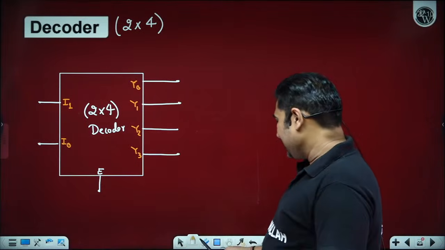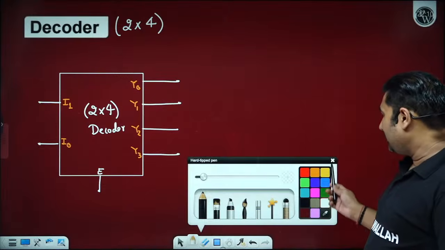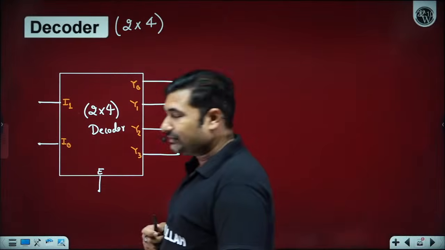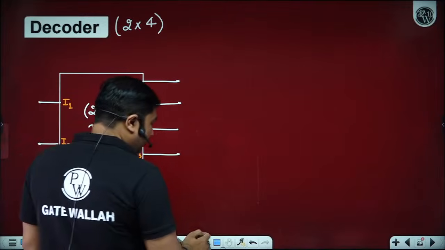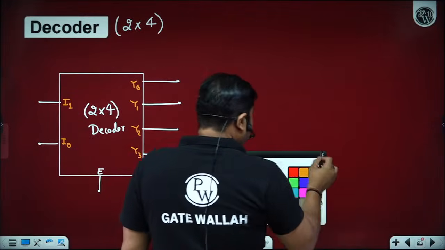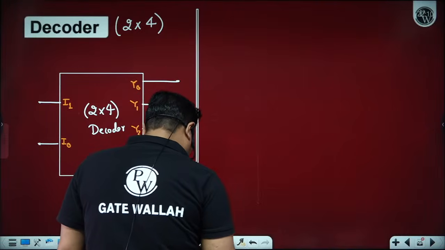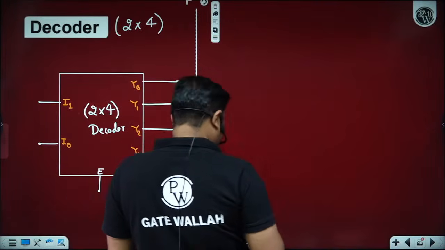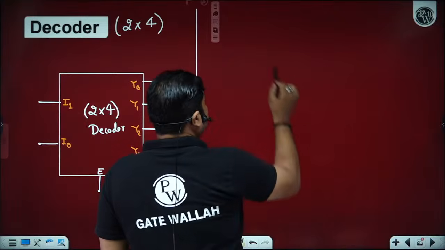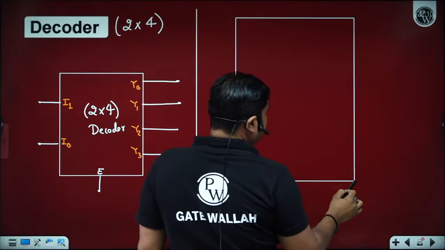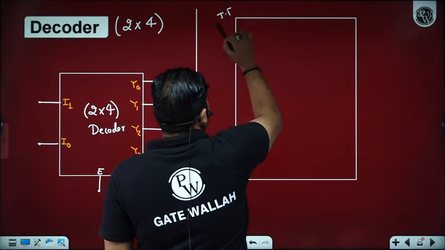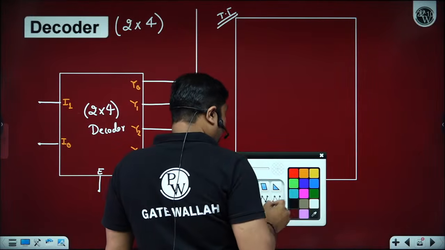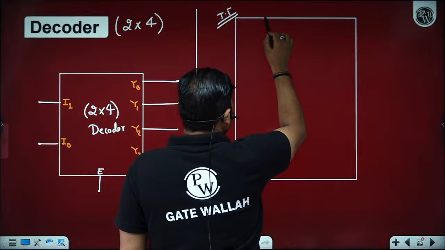You will achieve the best. Now please come back to this. Observe everyone, if we have I0, I1, one of the output lines will become logic 1. In order to design any desired combinational circuit, first we need to write the truth table. A truth table contains all the possibilities of inputs and outputs.